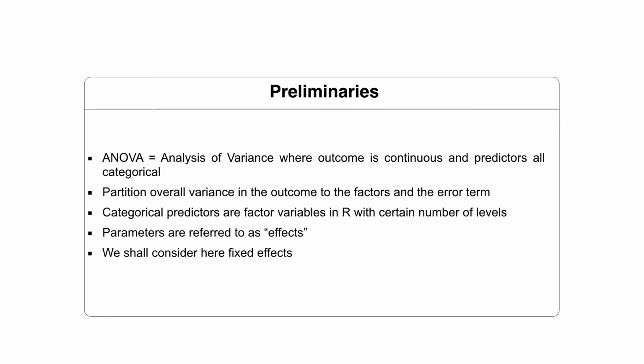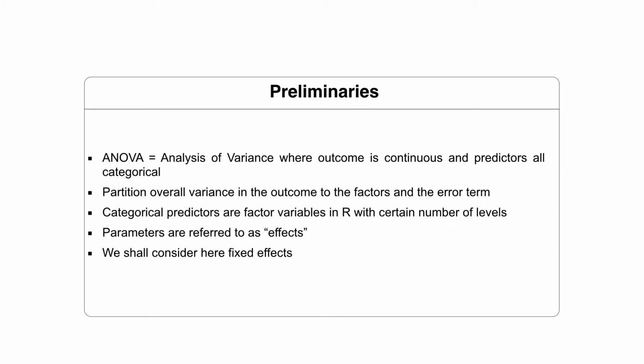So as we said, ANOVA stands for analysis of variance, where the outcome is continuous and the predictors are all categorical. And in this particular tutorial, we are going to deal with one categorical explanatory variable and one non-categorical continuous outcome variable.